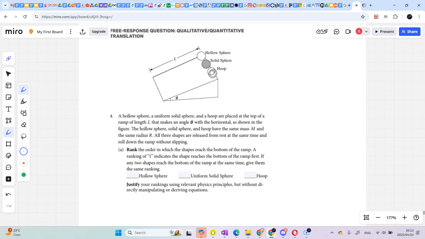The more inertia something has, the more gravitational potential energy is converted into rotational kinetic energy, all that stuff. So that's something to keep in mind.